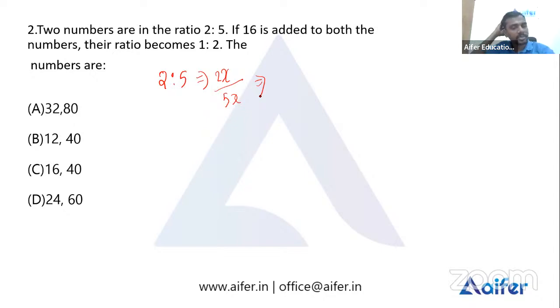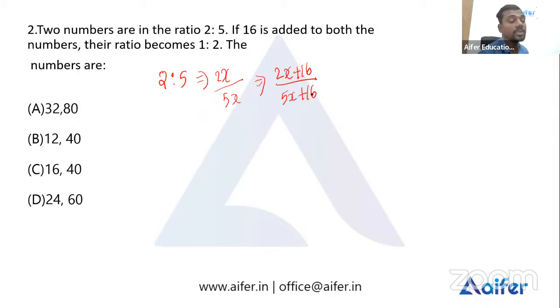It's given that 16 is added to both, so we have 2x plus 16 by 5x plus 16.